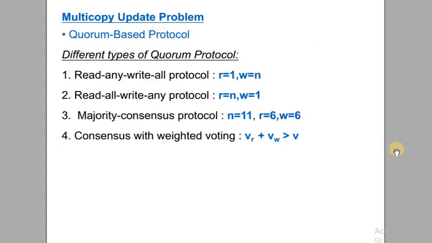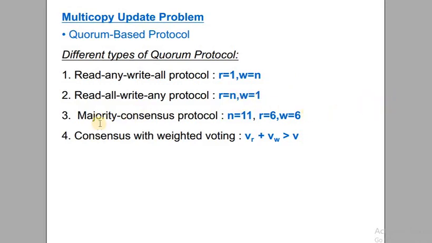Okay, so then we come to the read all and write any protocol. So here every file will be read, so R will be equal to n, and since it is write any, one of them will be taken for the writing operations. So that is fine. So we will have to have a primary copy, and then we can always make changes in the primary copy, and then the others get to know about it.